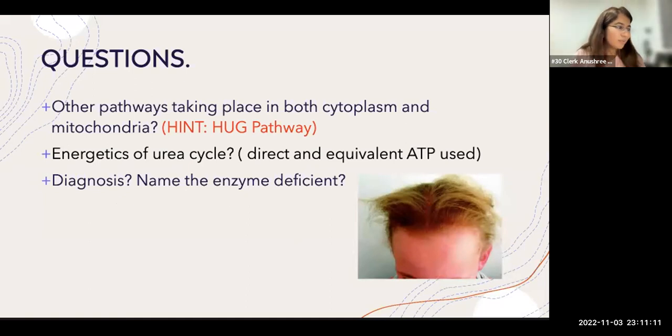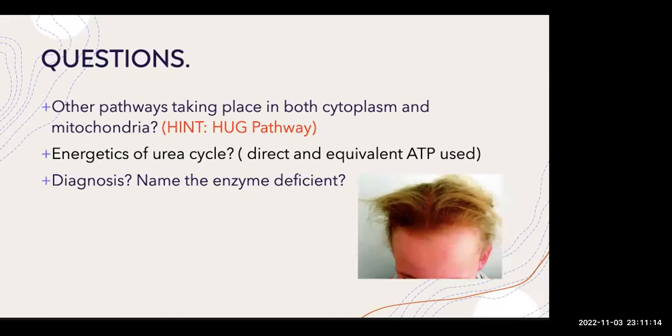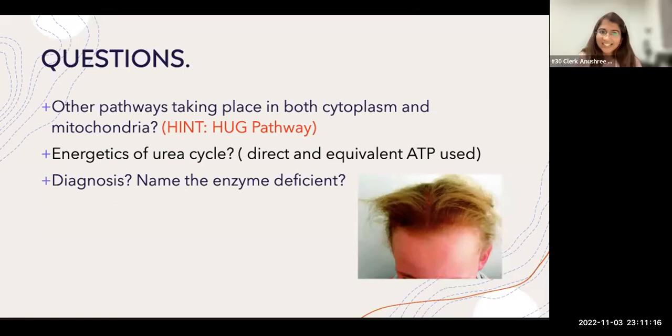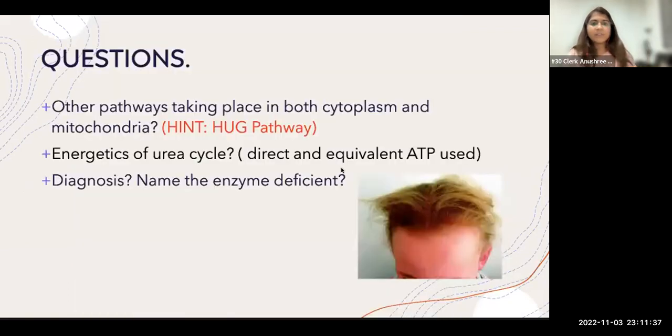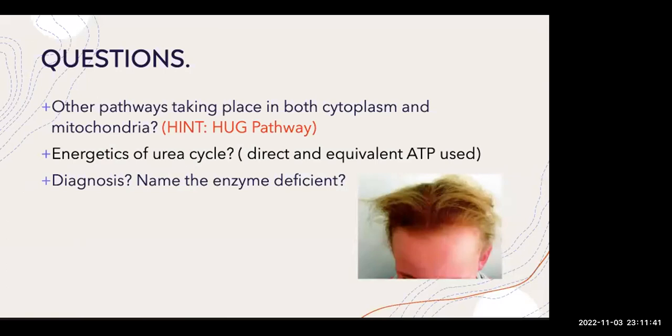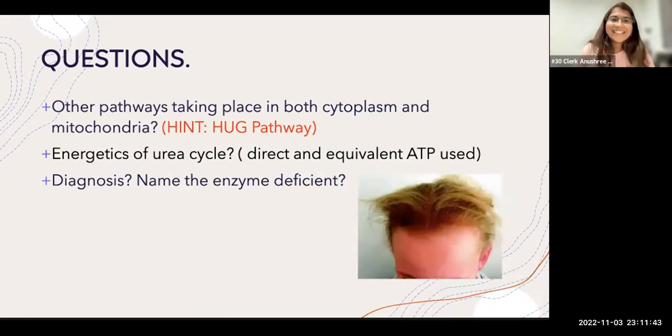What is the main problem? Argininosuccinic aciduria. Yes, exactly. So good. Trichorrhexis nodosa, or you can see tufts of hair, that is a symptom. It is not the diagnosis. Guys, differentiate between those two. So the diagnosis is, as Anisha told, argininosuccinic aciduria. And what's the enzyme deficient? Argininosuccinate lyase. Great job.